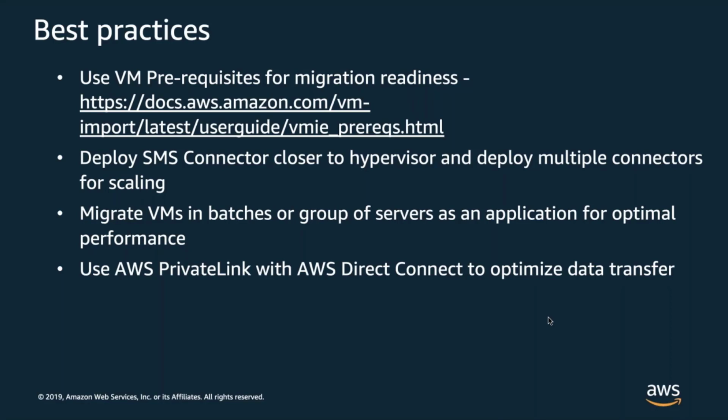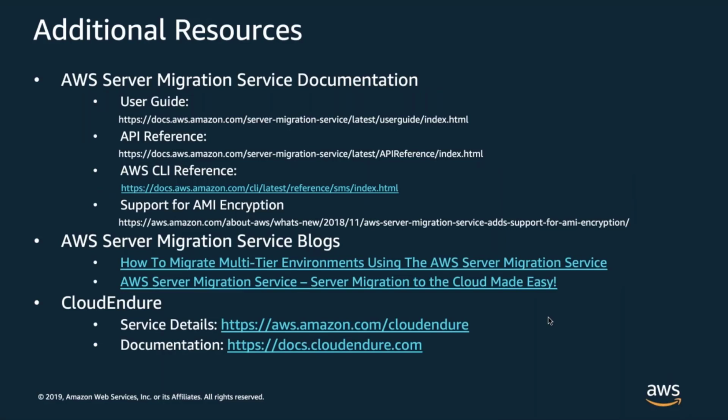Some of the resources which are available on our website: you can get the user guide, there are API references, the CLI references, and if you want to understand how AMI encryption works, that is also posted on our website. We have a couple of blogs that you can use. The first one is for application migration.